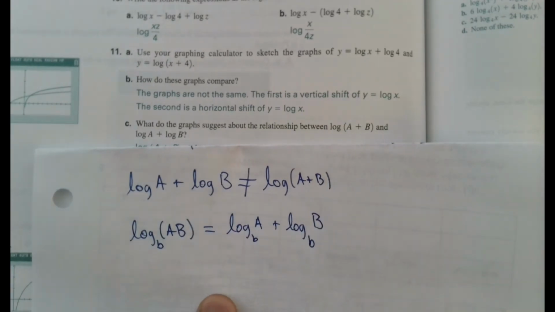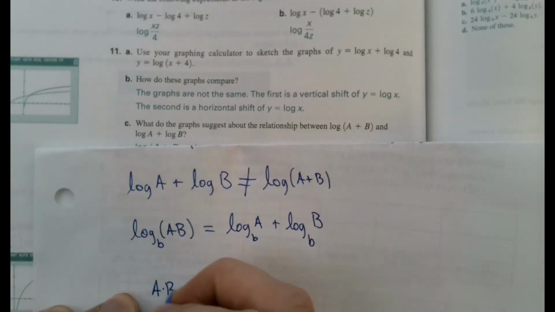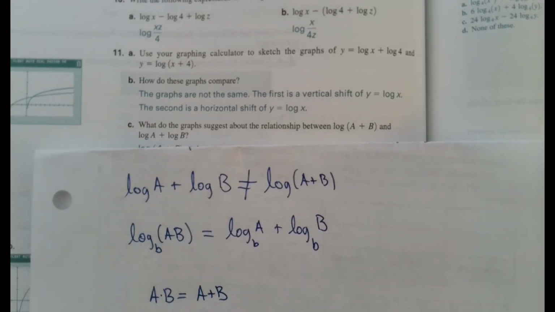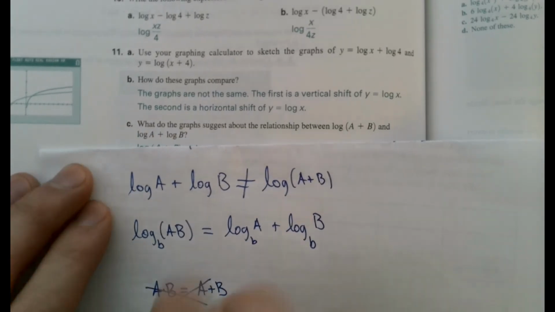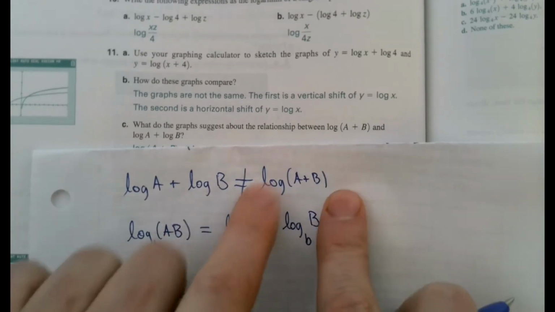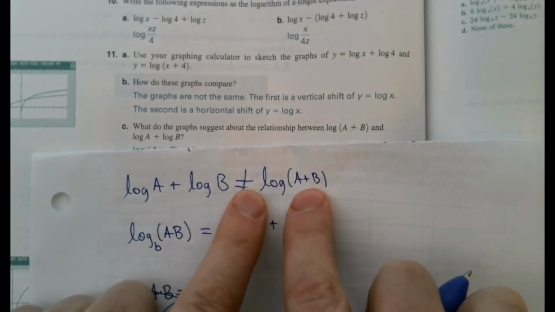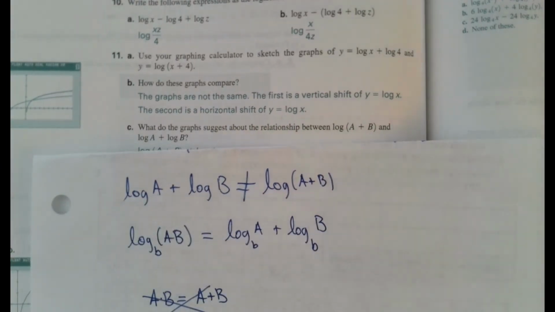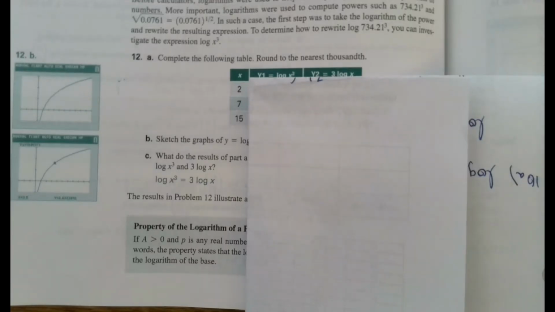Now, we might be able to find a special case where a times b is the same thing as a plus b, but let's not muddy the waters and get ourselves confused. Let's just note, don't make this mistake. Don't try to split the sum that's within a logarithm into the sum of individual logs. So our final property is called the power of a logarithm.